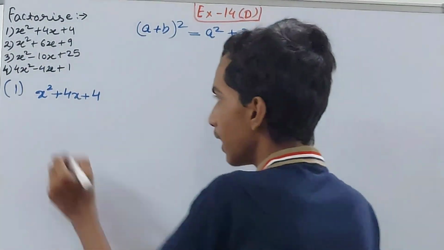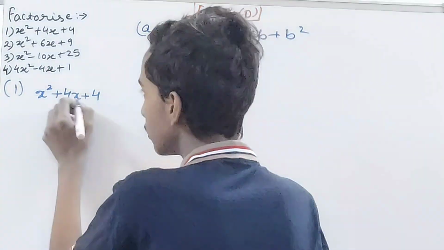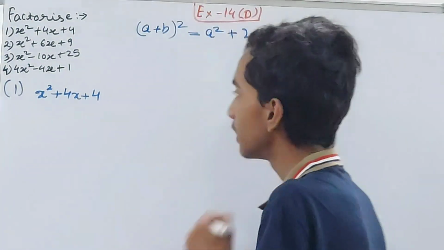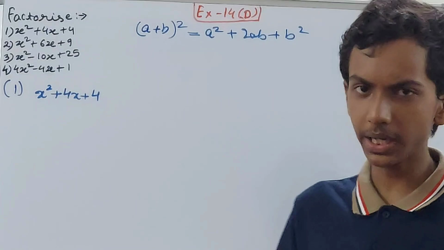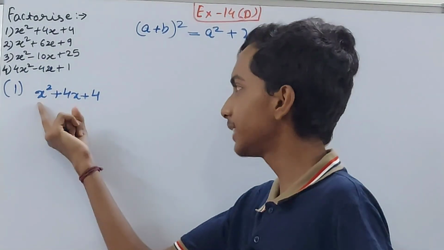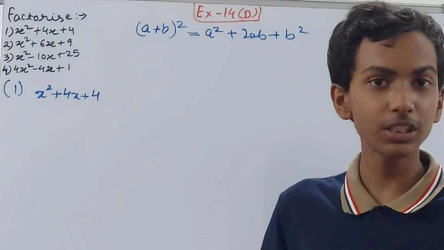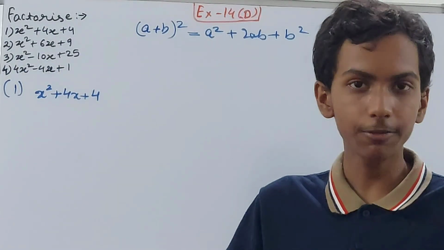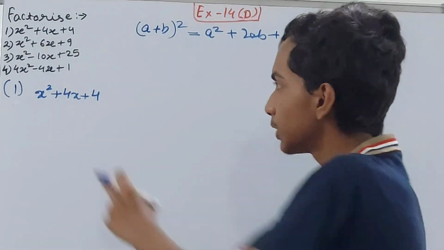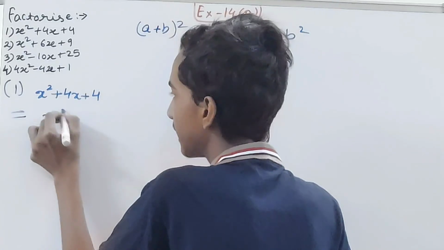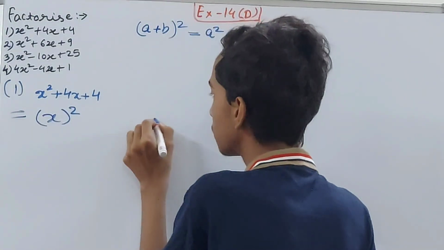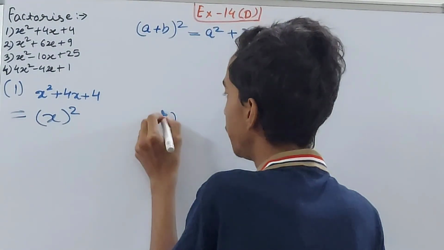Okay, see, your middle term is 4x, right? So you have to look for the square terms. You know which are the square terms, x square and 4. Square terms are always positive and they are perfect squares, the square of some expression. X square is the square of x, 4 is the square of 2.